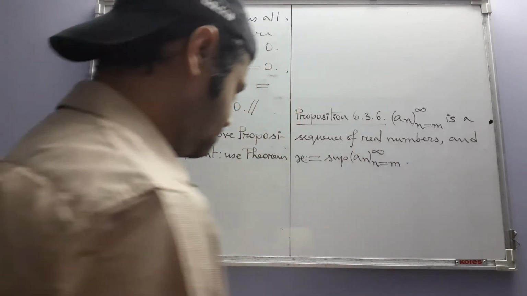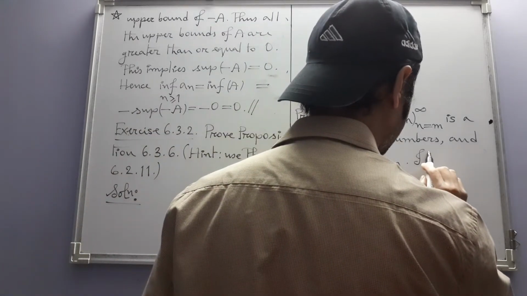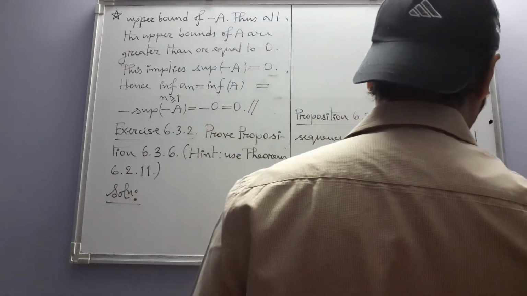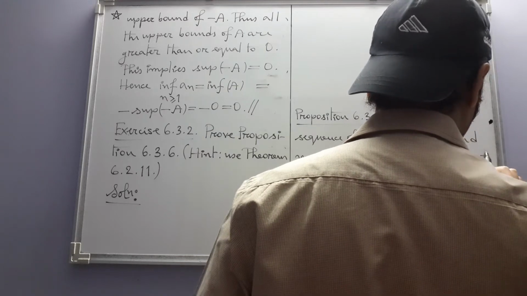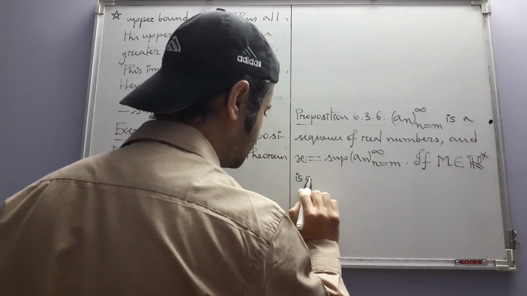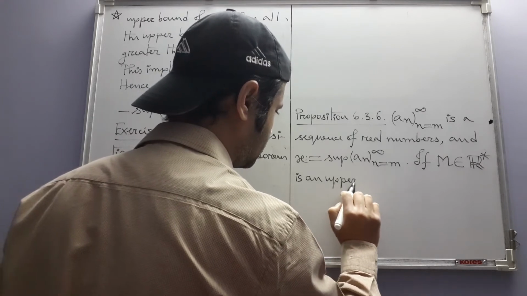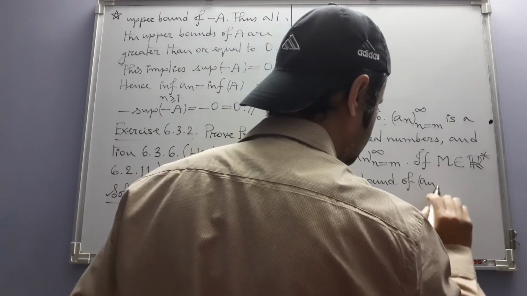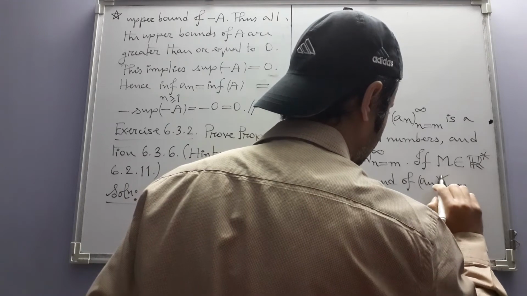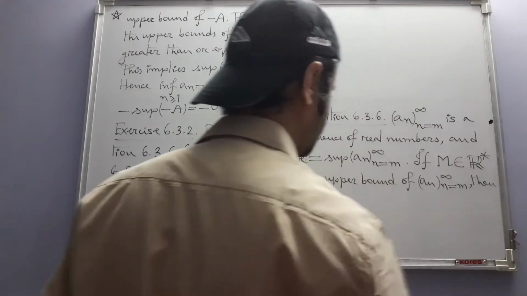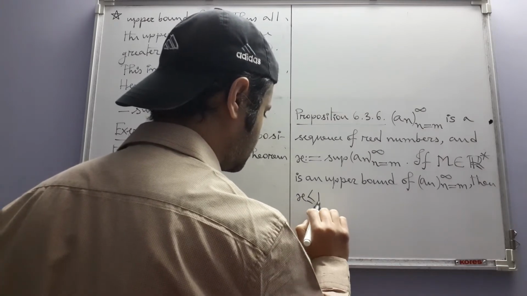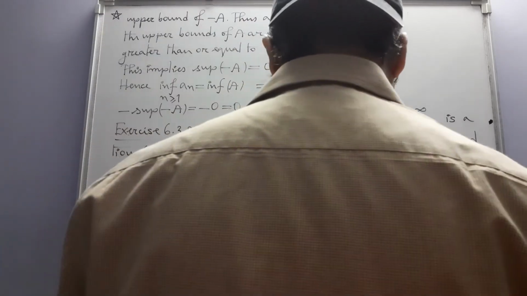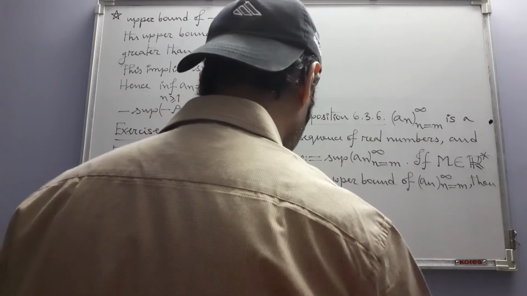So that is given. If m is an extended real number and is an upper bound of the sequence, then x must be less than or equal to m. That's one thing.